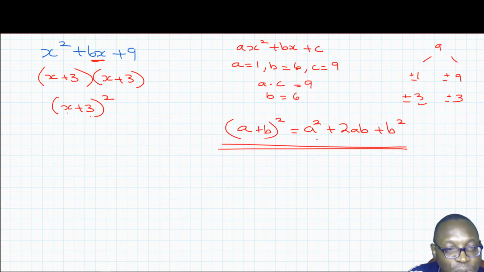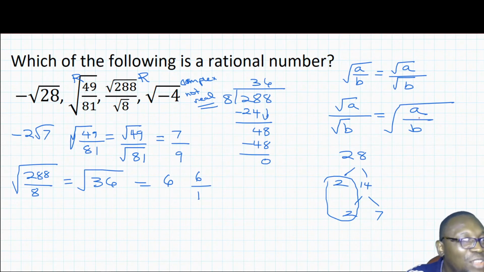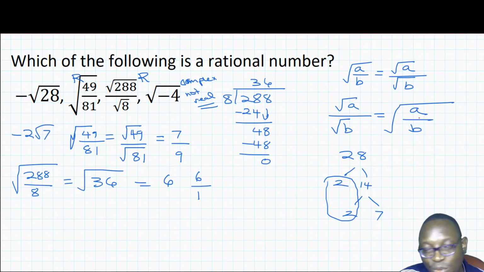So I'm going to go back to the previous question. I noticed something in the previous question that I think is worth exploring. Why did you guys all select square root of -4 as your rational number? What was your thought process? I'm actually curious about that.